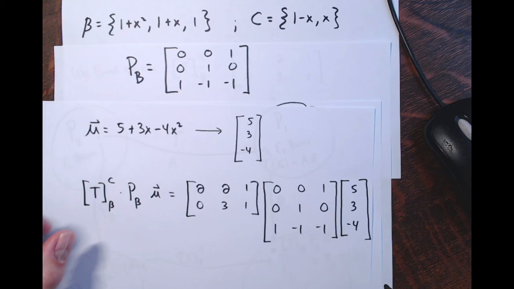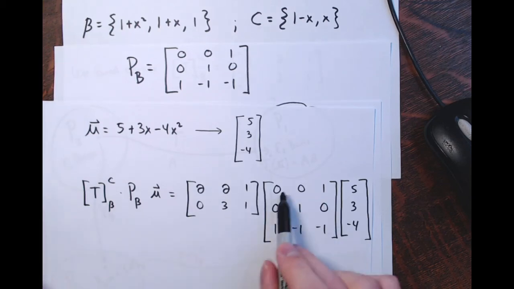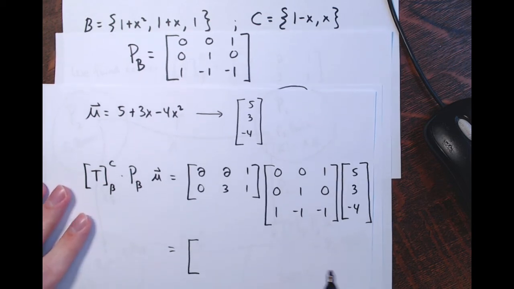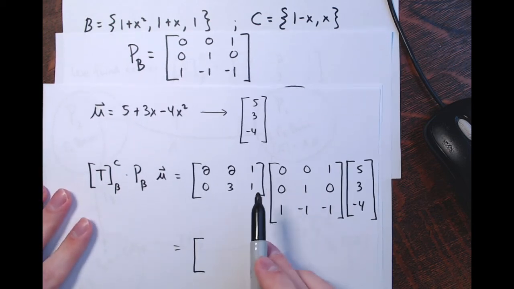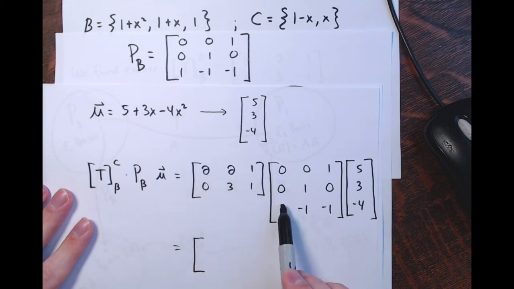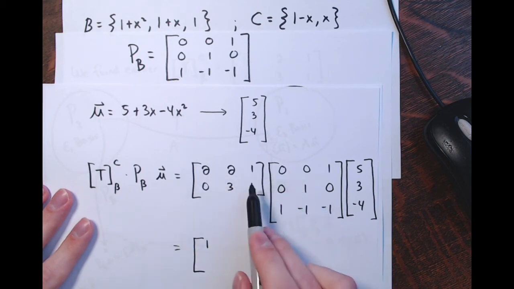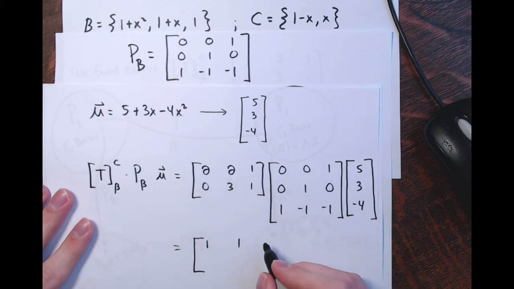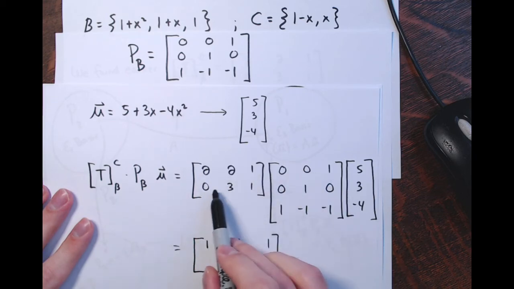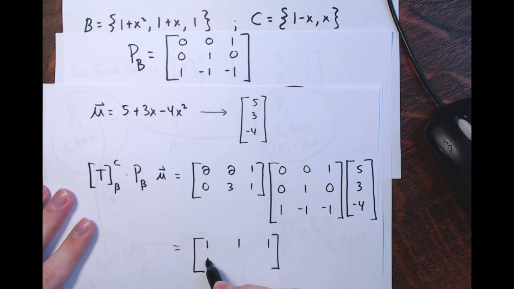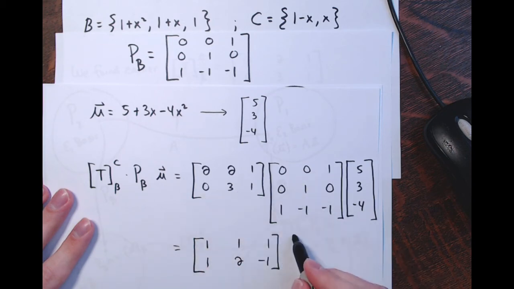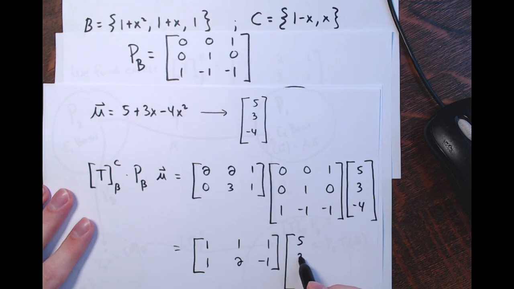Okay, so a 2 by 3 times a 3 by 3 is going to be another 2 by 3. So multiplying these two gives me: 0, 0, 1, 0, 2 minus 1 is 1, 2 minus 1 is 1, and then 0, 0, 1, 0, 3 minus 1 is 2, and 0, 0, negative 1. And then times the 5, 3, negative 4.